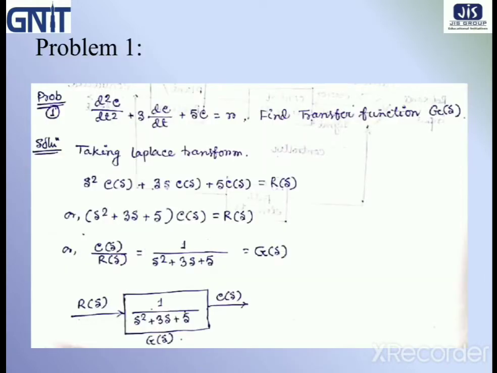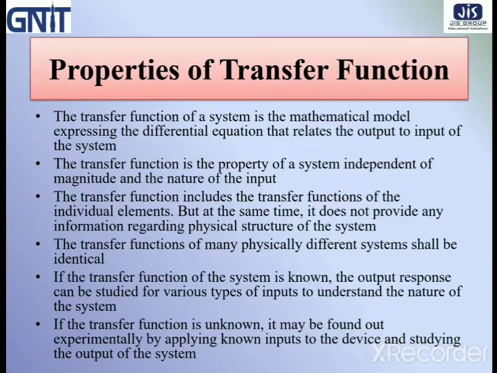So here one example is given. But before going to the example, just see the properties of the transfer function. Now, what are the properties of the transfer function? The transfer function expresses the differential equation that relates the input and output signals of the system.